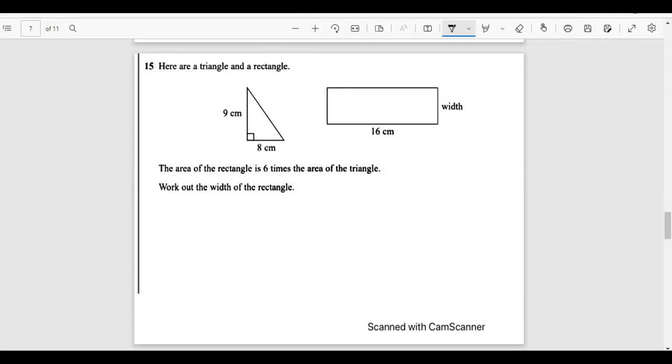So you do 9 times 8, which equals 72. Divide by 2 equals 36. 36 times 6. Oh, wait, no. 36 divided by 6 equals. No, you do 36 times 6, my bad. 36 times 6, which equals 216.